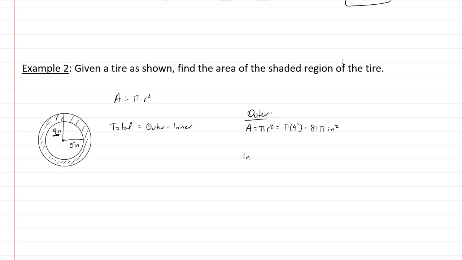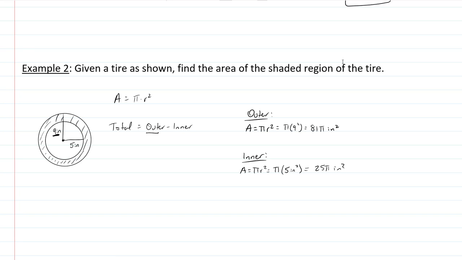And the area of the inner, A equals pi r squared again, which is equal to pi times 5 inches squared, which would give us 25 pi inches squared.